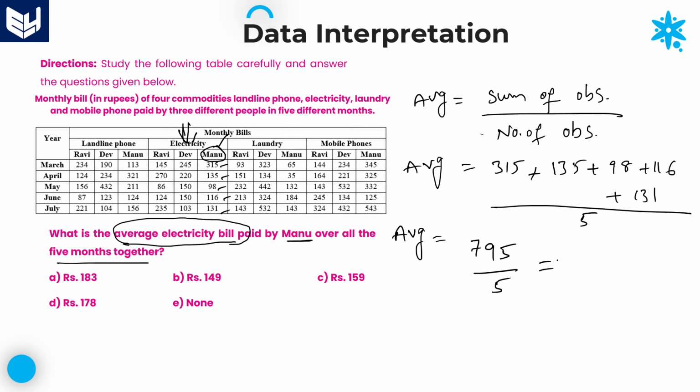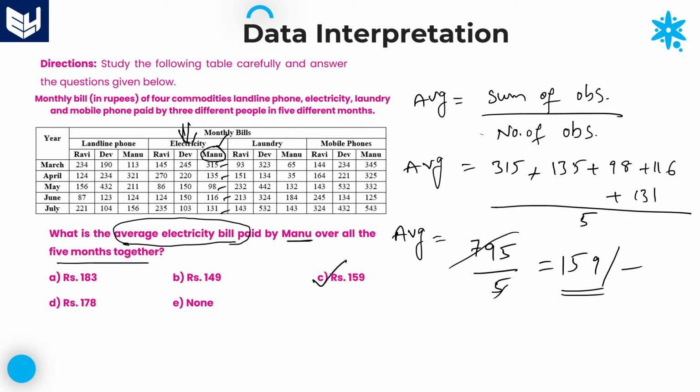You can cancel with the 5 table. Definitely it will cancel. 5 ones are 5, and next 29. 5 5s are 25. 4 is carry forward, and again 45. 5 9s are 45. Therefore, your required answer is 159 rupees.